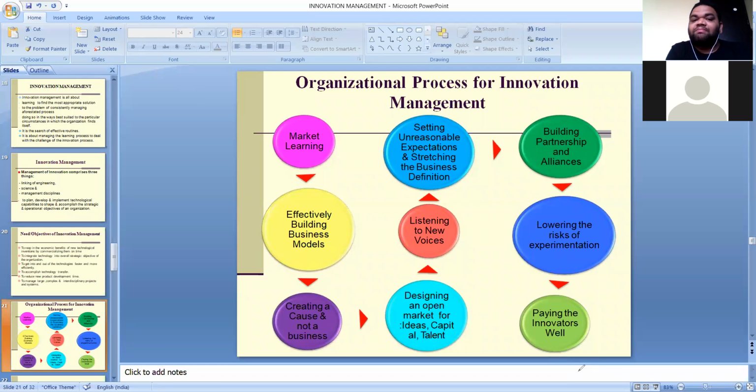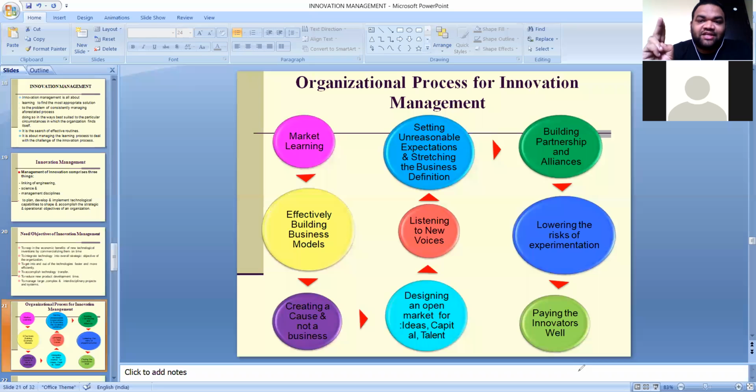In the same way, what do we mean by market learning here? As marketers or innovators, if you want to find a new process or give something new to your market, you have to learn the market. What do we mean by learning the market? First, we have to learn the needs and wants of the customer according to their day-to-day life.